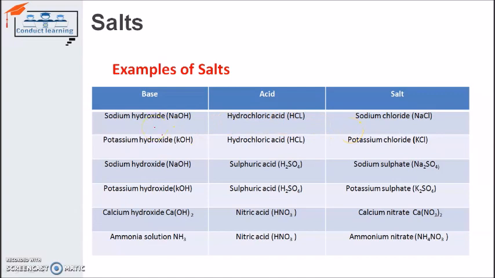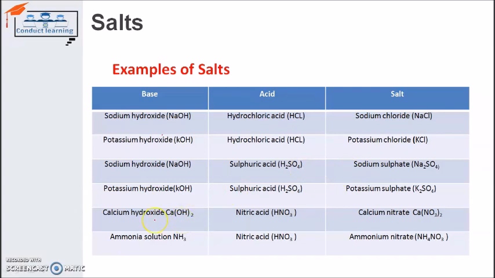When sodium hydroxide reacts with HCl, and potassium hydroxide reacts with HCl, it gives us two different salts, sodium chloride and potassium chloride. In the same way, when sodium hydroxide reacts with sulfuric acid and potassium hydroxide reacts with sulfuric acid, that means the same acid, the two different bases also give us two different salts.